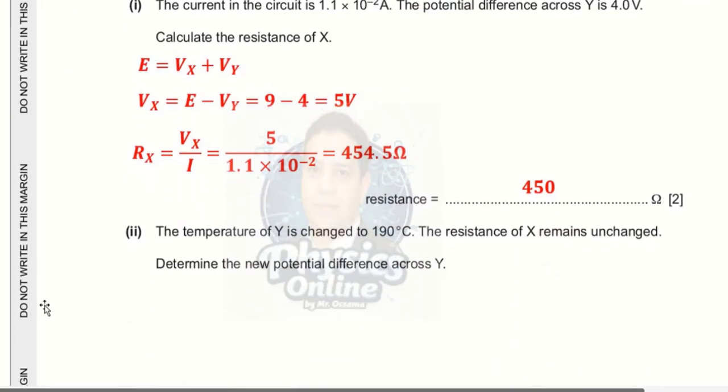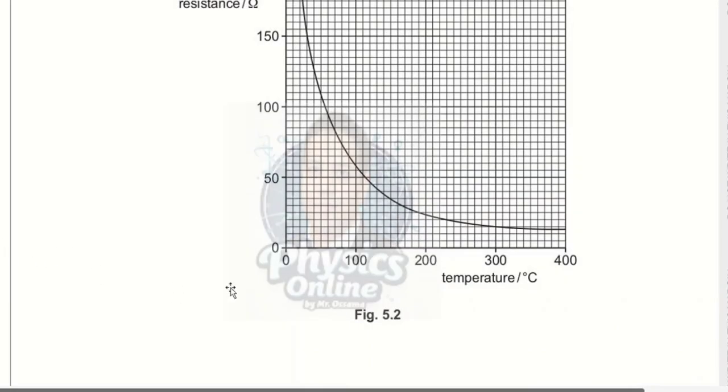The temperature of Y is changed to 190. The resistance of X remains unchanged. Determine the new potential difference across Y. Let's project the graph for 190.